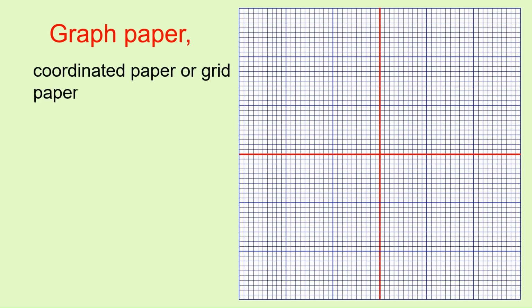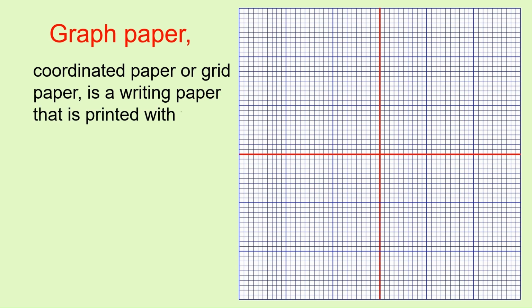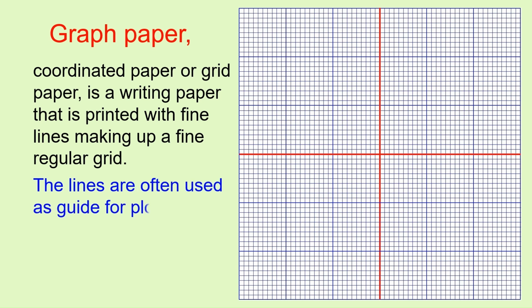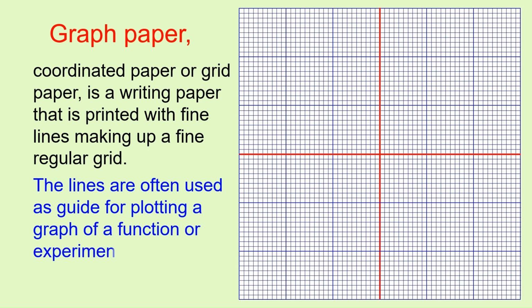Graph paper, coordinate paper or grid paper, is a writing paper that is printed with fine lines, making up a fine regular grid. The lines are often used as a guide for plotting a graph of a function or experimental data and drawing a curve.